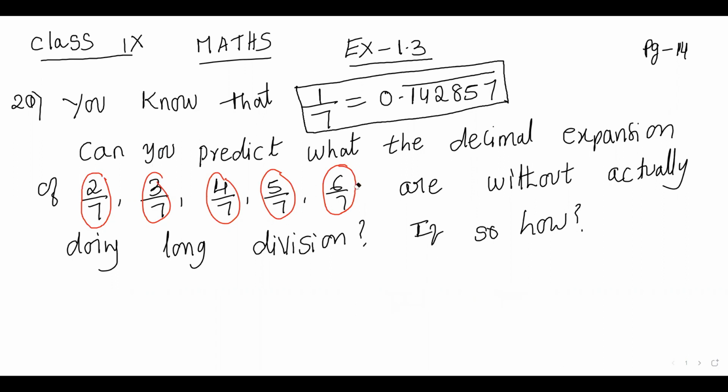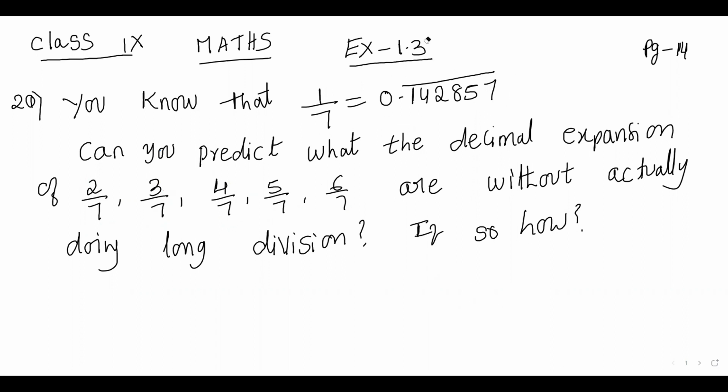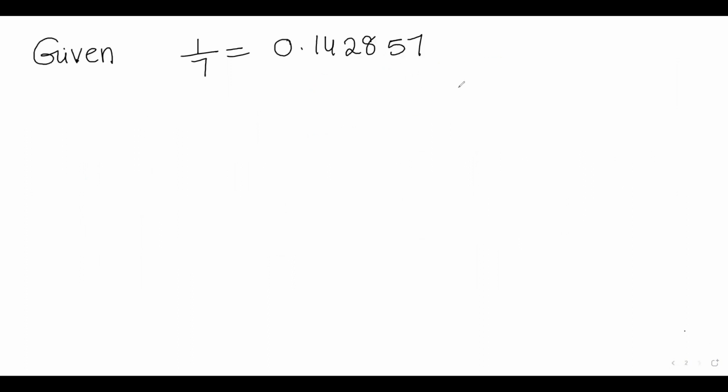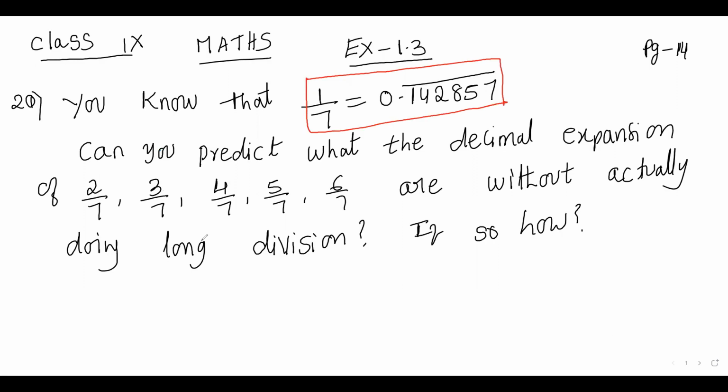So how to get the decimal form of these rational numbers without division, I will explain to you. First of all, write down what is given in the question. It is given that 1 by 7 is equal to 0.142857, isn't it? I'm taking the 1 by 7 value. Now he's asking me to find 2 by 7.